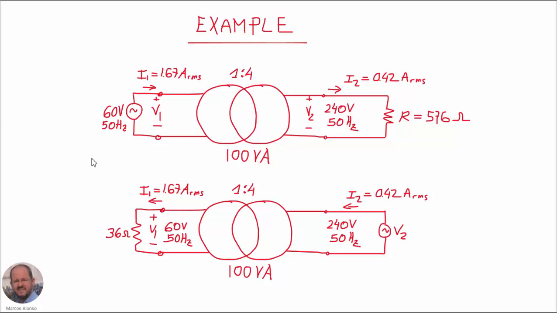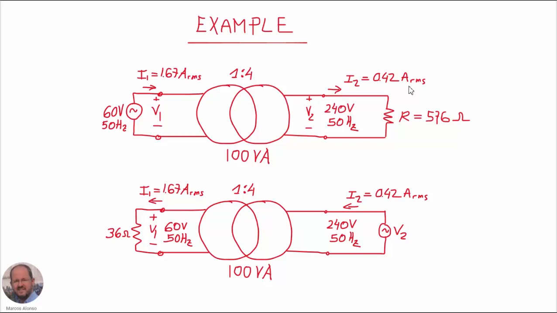In this case we are selecting a transformer with an input voltage of 60 volts, 50 hertz, power of 100 volt-amperes, a voltage ratio of 1 to 4, so the output voltage is going to be 240 volts, 50 hertz also. And then the nominal load resistance is going to be 576 ohms.